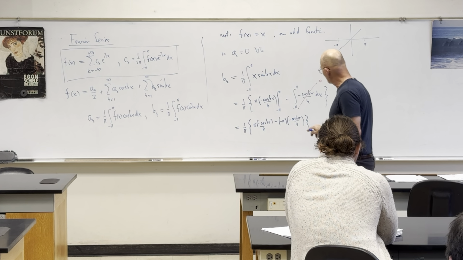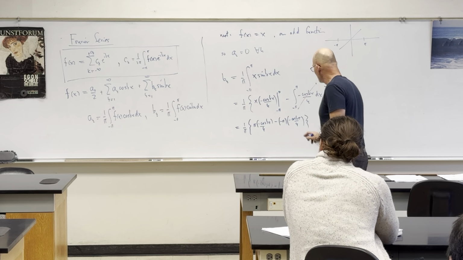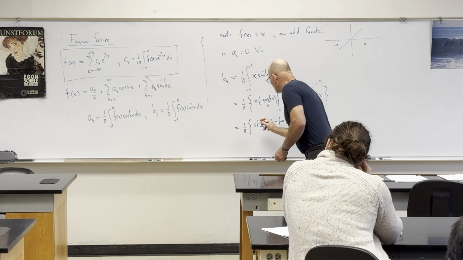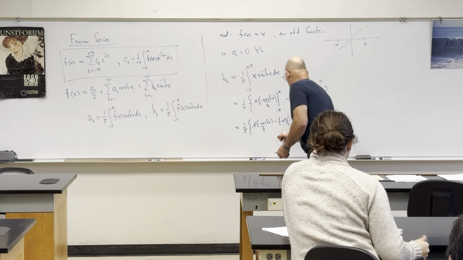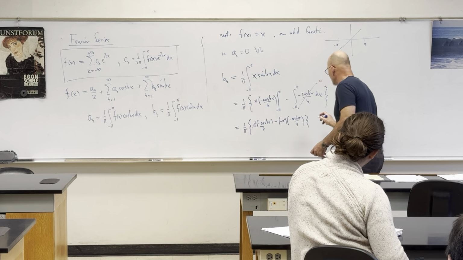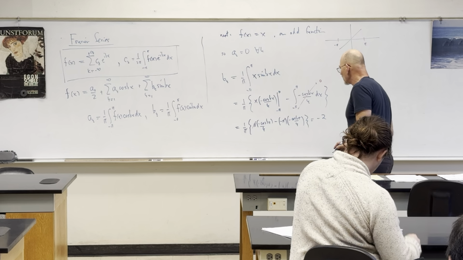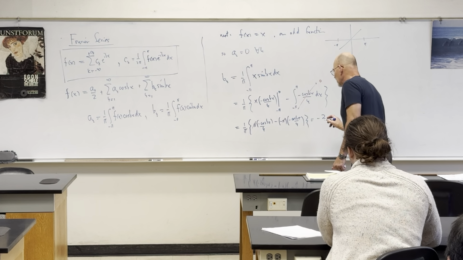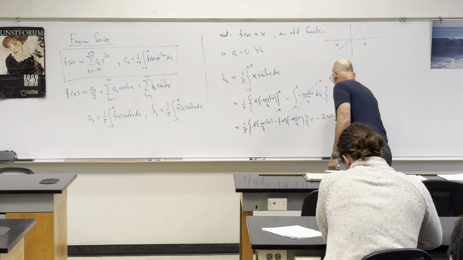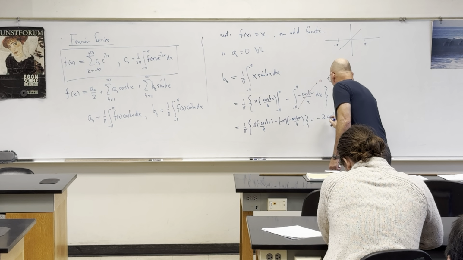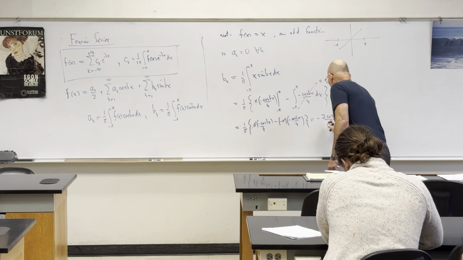And we see we get 3 minus signs here, 1 there, so pi's cancel. And we'll get minus 2 cos k pi over k.